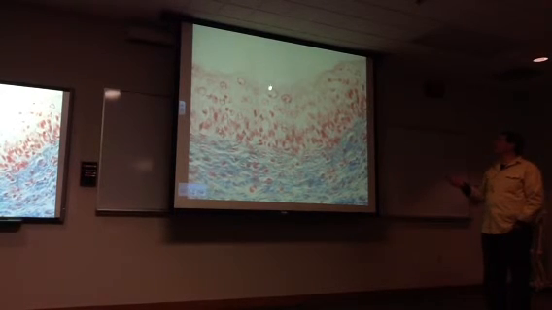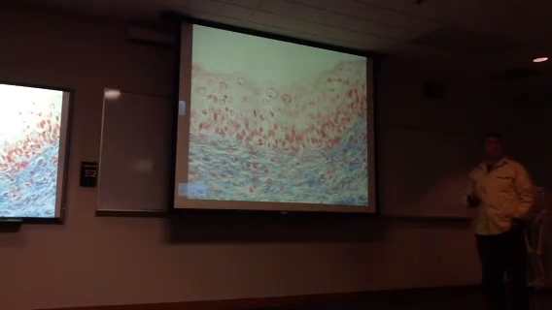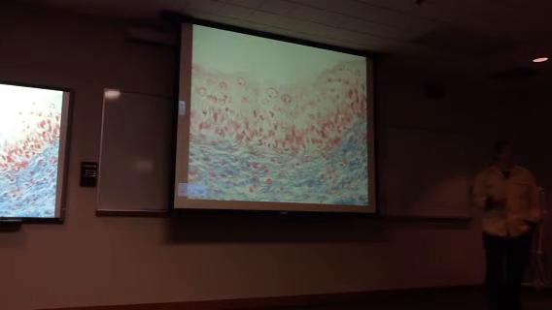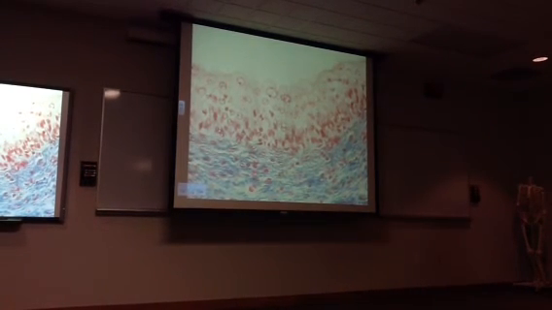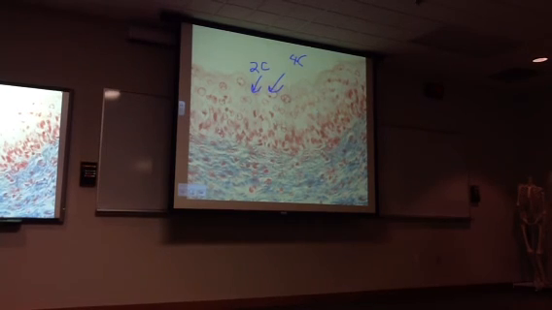Why? So sometimes the transitional epithelial cells can be polyploid. Okay? This one is 2C, and that one is 4C. The cell cycle and biochemistry, right?